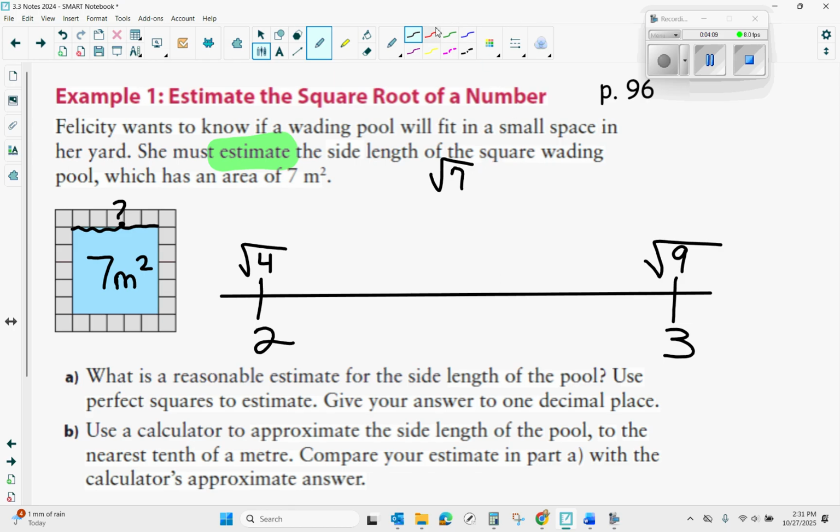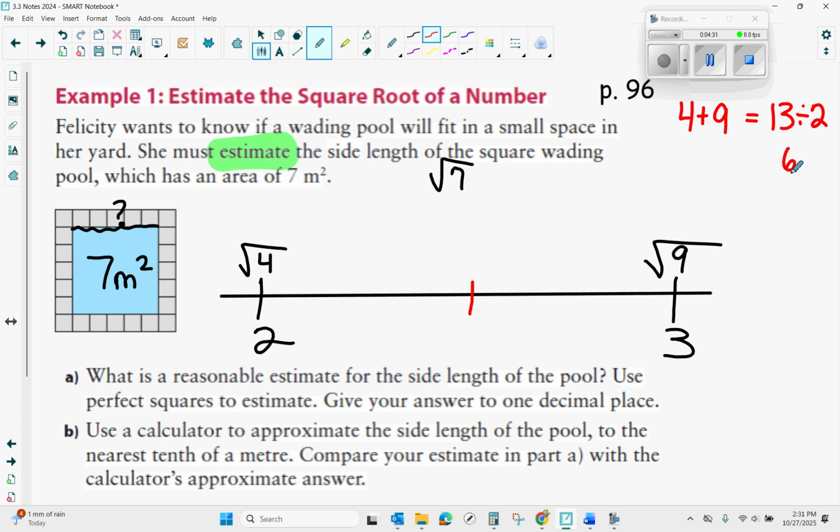Yesterday we talked about our next step would be finding the middle. And to find the middle, you need to find the average of these 2 numbers. We need to add them together, 4 plus 9, and divide by 2.